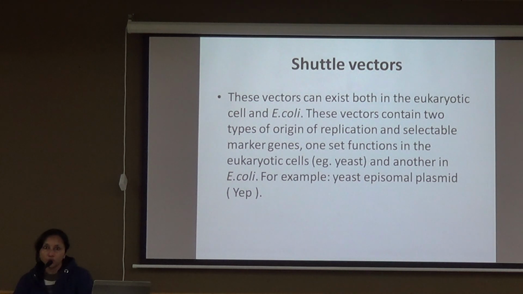Shuttle vectors solve the purpose of producing proteins of prokaryotic and eukaryotic origin in the same host. So the vectors which can exist both in eukaryotic and E. coli cells contain two types of origin of replication and selectable marker genes, and one set functions in eukaryotic cells, another in E. coli. So these are shuttle vectors.